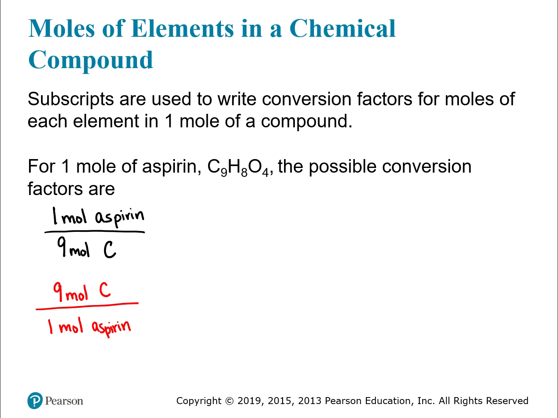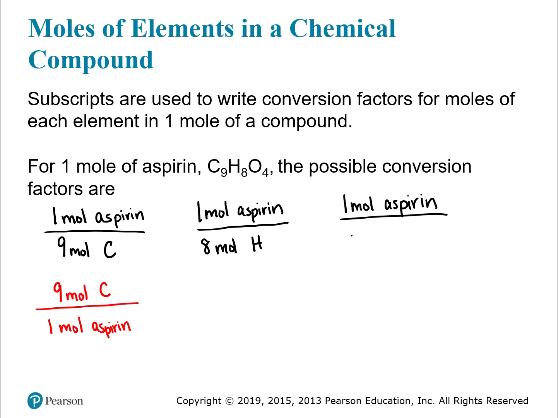If I have 1 mole of aspirin, I have 9 moles of carbon. If I have 1 mole of aspirin, I also have 8 moles of hydrogen. We can also talk about the oxygen. There's 4 moles of oxygen in 1 mole of aspirin. We can write the reciprocals for both of these as well.